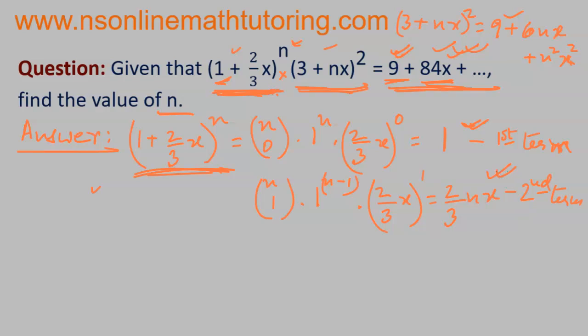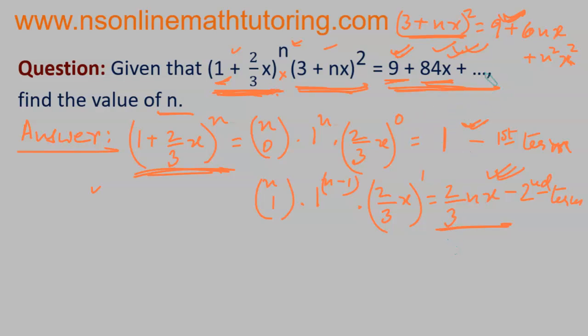Only if this term gets multiplied with a constant term will the product term contain only x. Clear? Therefore, 2 over 3 nx should get multiplied with the constant term of this expansion, that is 9, to give the product term containing x. Okay?